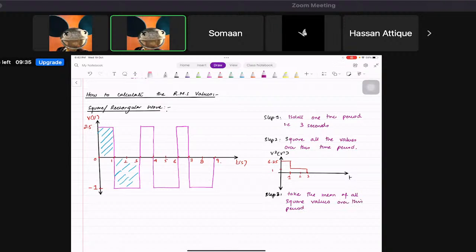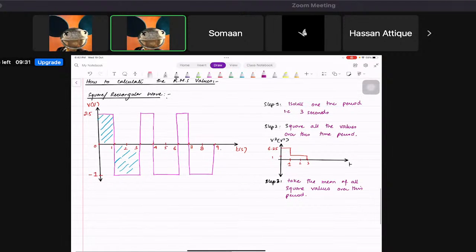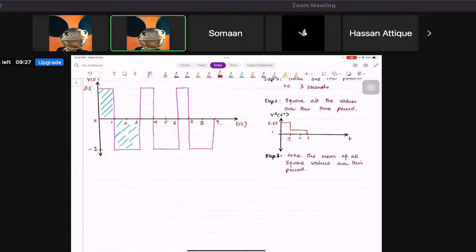So how do we take the mean? Basically you just simply add them. 6.25 remained for 1 second, and then plus 1 remained for 2 seconds. Or you can do 6.25 plus 1 plus 1, because there are 3 values, divided by 3, which equals 2.75.